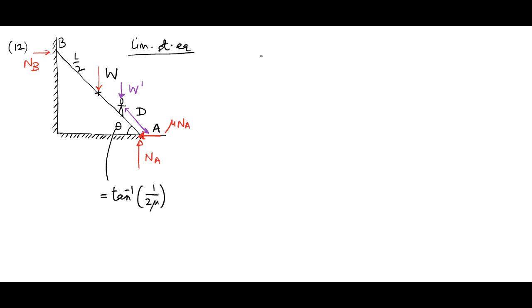Now just apply your normal force and moment equations. So the first thing that we can do is to apply the equation sigma Fy is equal to 0, which will tell you that my total downward force, W plus W dash, is equal to the upward force, that's equal to NA. So I'll just write it over here. Mu NA is equal to W plus W dash, and immediately this mu NA becomes mu into W plus W dash.